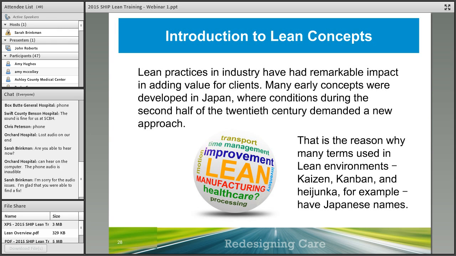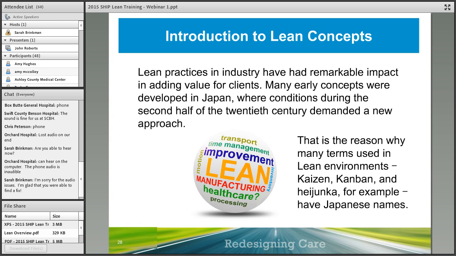Lean and lean thinking really comes from the Toyota Motor Corporation back in the 50s and 60s. So many of the concepts you're going to hear when we're talking about lean principles really come from that. It wasn't until in the 1990s that we really kind of took those concepts that they were doing in Toyota and really put the label of lean and lean thinking on them.